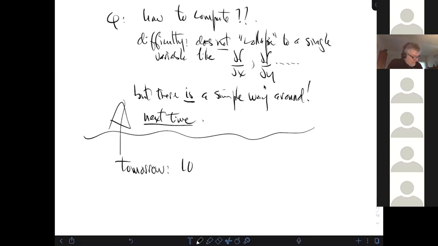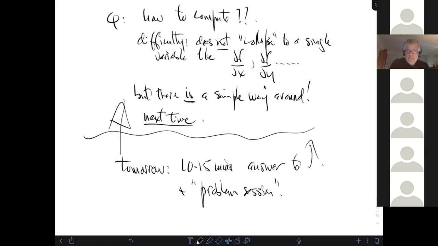And then if you have questions, there will be a problem session, and we'll see if we can share screens. I think I see how to do it simultaneously, where everybody can share at the same time.